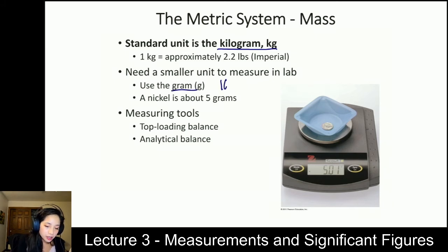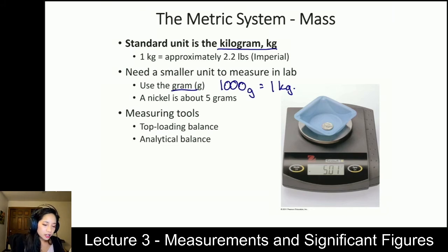There are 1,000 grams in 1 kilogram, and we'll talk about what the prefixes mean with the metric system. But it's nice that it's all base 10. So for example, if we were to do an experiment, a nickel weighs about 5 grams. If we would weigh this nickel in kilograms, it would be a really, really, really small number. 5 is a nice number.